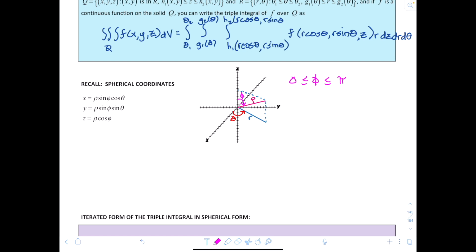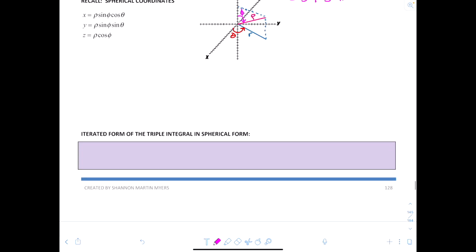All right, so now let's go ahead and take a look at the iterated form of the triple integral in spherical form.